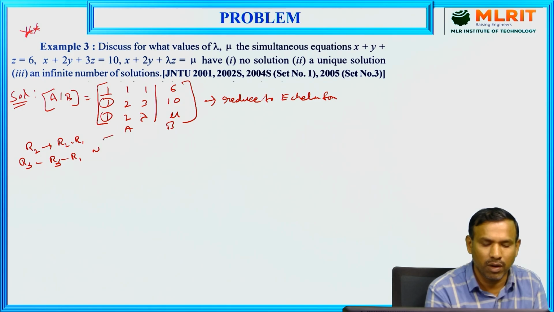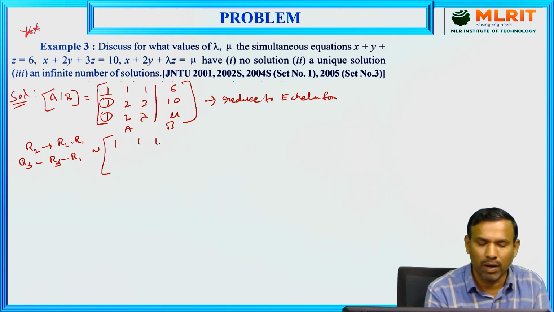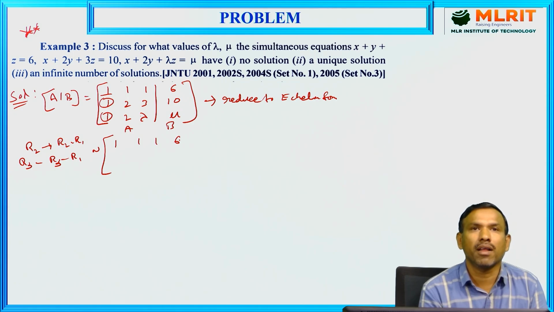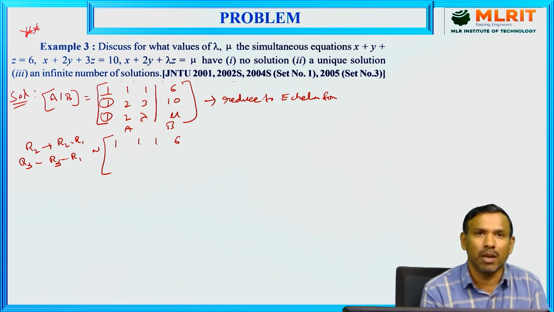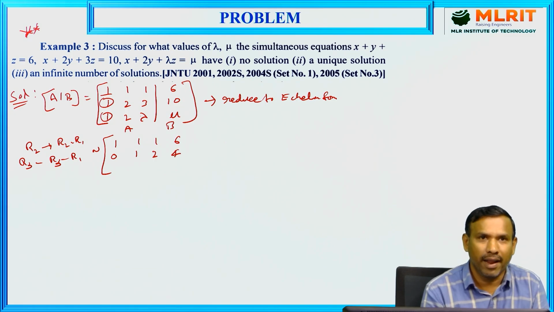So the first row has no change: 1, 1, 1, 6. Second row, R2 minus R1, subtract the corresponding elements: 1 minus 1, 0, 2 minus 1, 1, 3 minus 1, 2, 10 minus 6, 4. Next, third row, R3 minus R1: 1 minus 1, 0, 2 minus 1, 1, lambda minus 1, and mu minus 6.